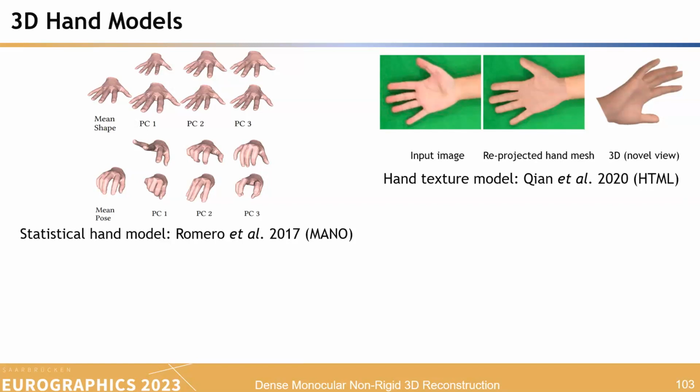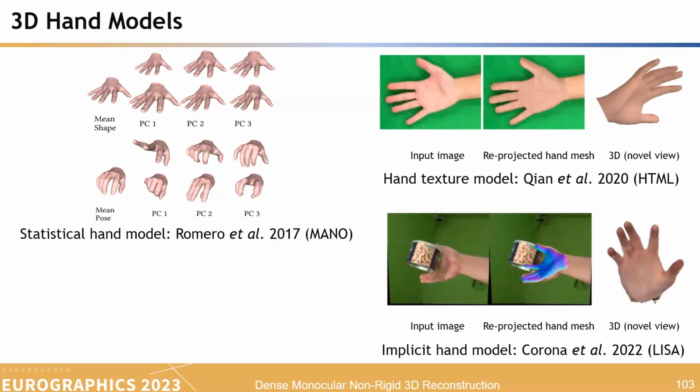Keon proposed a hand texture model. Again, here, with 100+ scans, the hand appearance variations of people of different age, different gender, and different ethnicity were captured to develop a parametric appearance model.